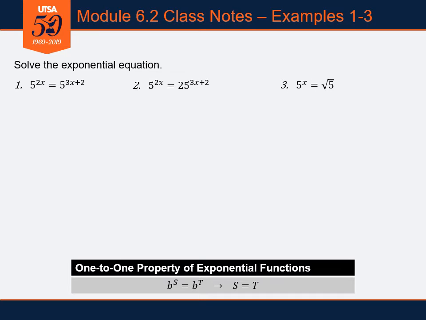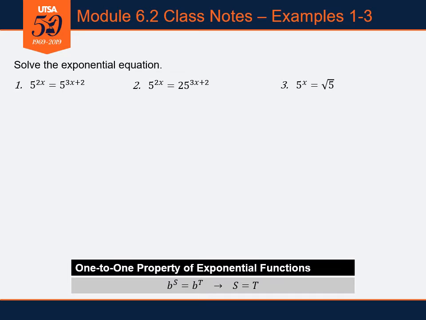First, it's important to understand and just see the big picture of how we solve exponential functions. The one-to-one property of exponential functions, as you read in your textbook in your pre-class work, is a lot of vocabulary, but it actually says something quite simple.